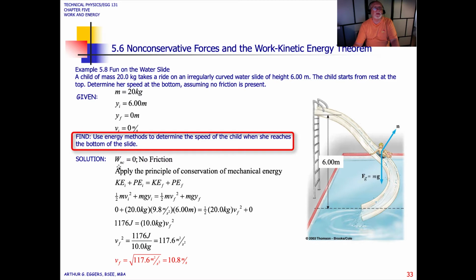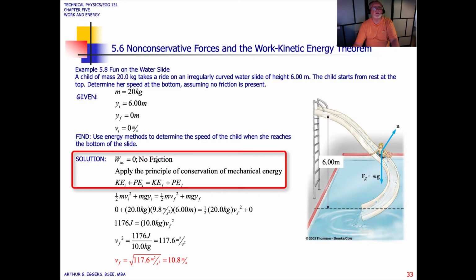So there are no non-conservative forces in effect on this problem because they said there's no friction. So we can forget about that. Throw it out. We're going to apply the principle of conservation of mechanical energy. So we're going to use our potential energy, kinetic energy relationships. All the potential energy at the top, no friction, should equal all of the kinetic energy at the bottom.